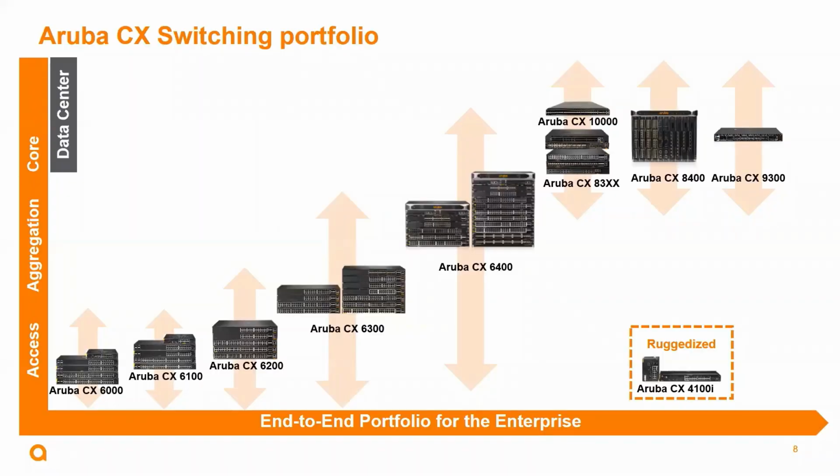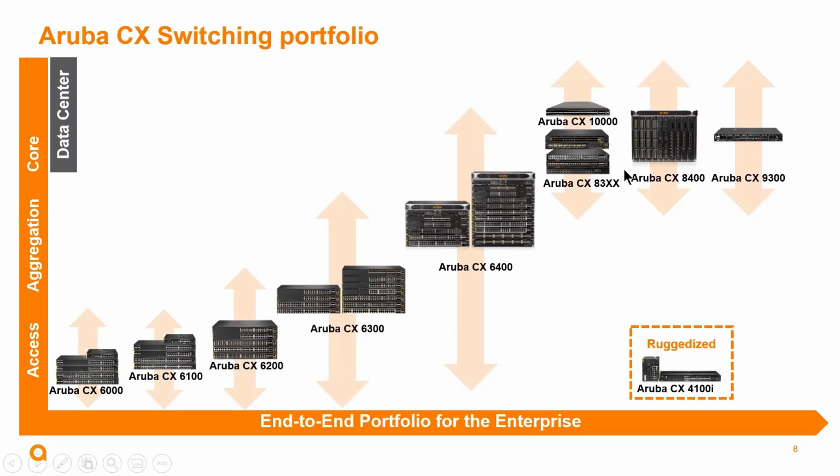Before that, let's see a quick recap of our Aruba-CX switching portfolio. Our switching portfolio spans from access to the core layer. We have pure access switches 6000 and 6100. And there comes our 6200, 6300, and 6400 boxes that move from access to the aggregation to the core layer.